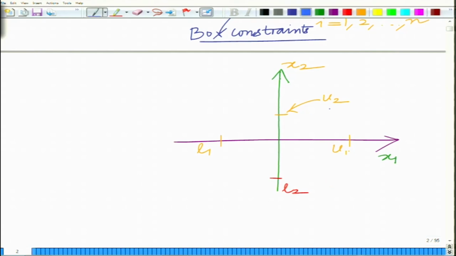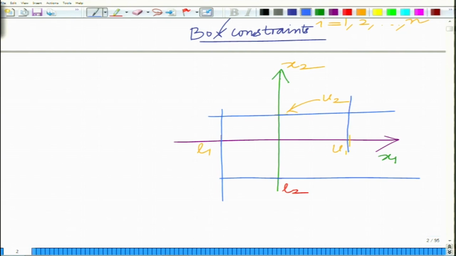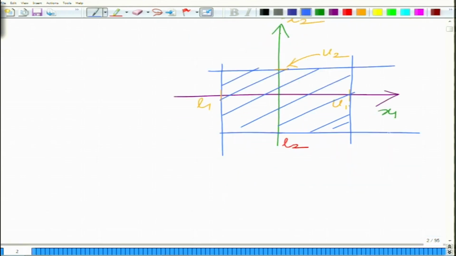So x1, x2 are confined to this box. That is, your vector x1, x2 is constrained to this box.